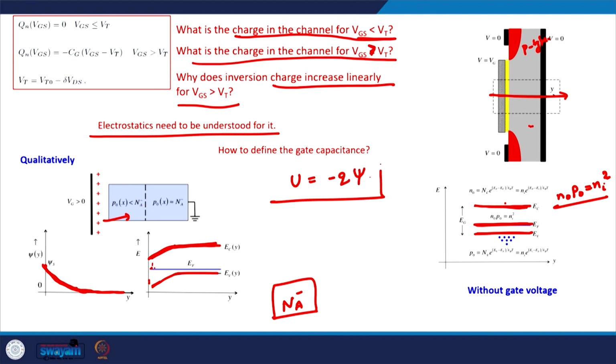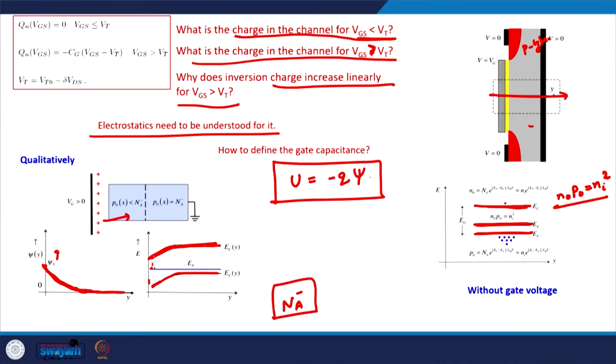So if the potential energy is reducing, it means there is a positive potential inside the semiconductor. That's why the bending in the bands and the bending in the potential function is always in opposite directions. So if the bands bend this way, this is how the potential function psi(y) as a function of y will change.